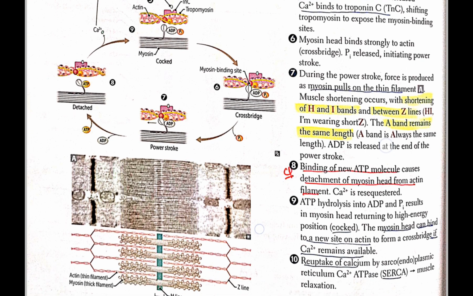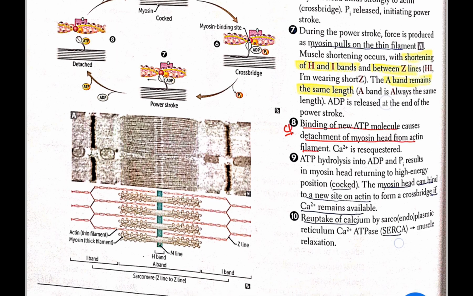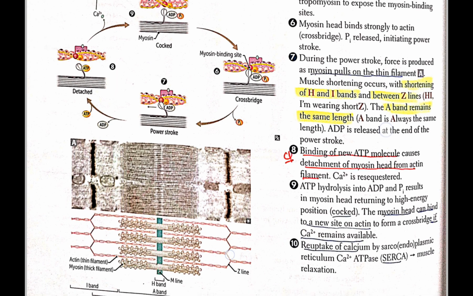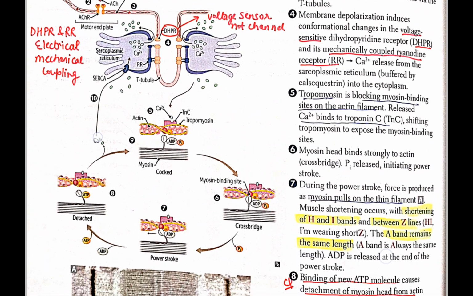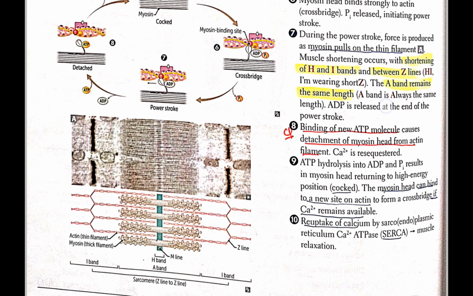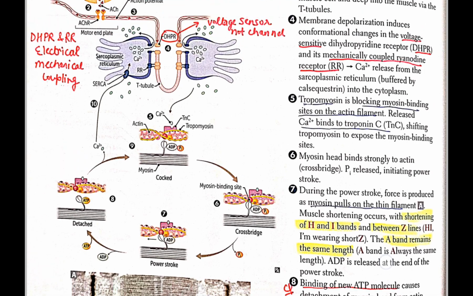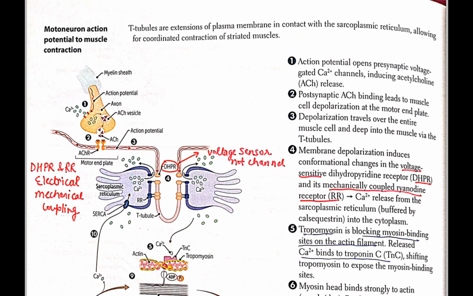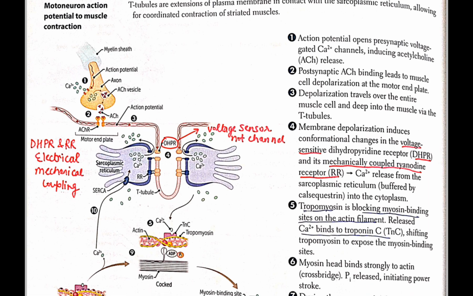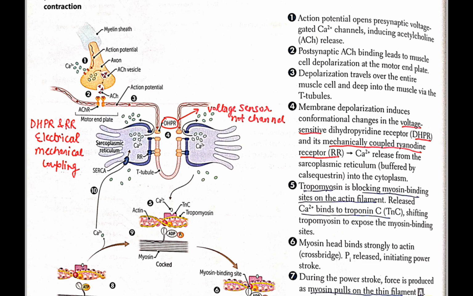And how will the muscle return to relaxation? Muscle will relax after there is reuptake of calcium. The myosin head can bind to a new site on actin to form a cross bridge if the calcium remains available. So, repeating again: first the action potential comes, presynaptic calcium channel, acetylcholine release, acetylcholine acting on postsynaptic channels.